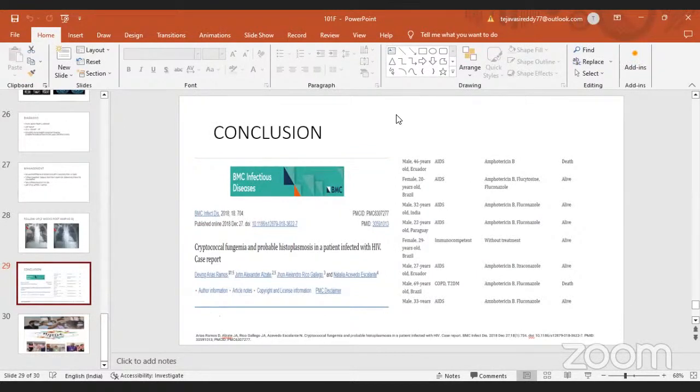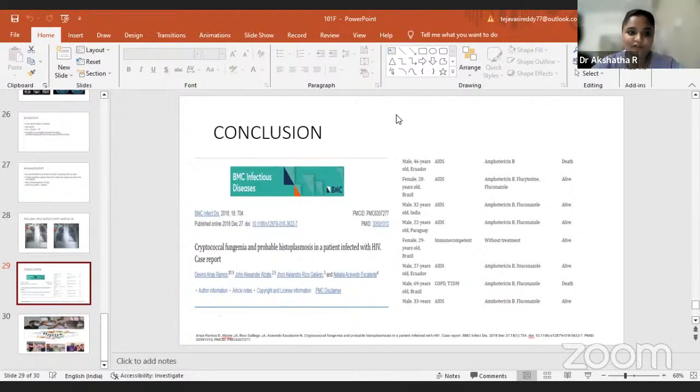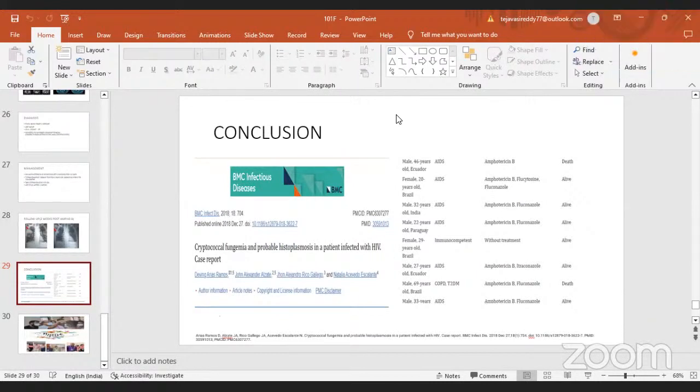Amphotericin plus fluconazole, yes. In HIV, if we follow WHO guidelines, amphotericin and flucytosine is preferred for the induction phase, but that is only for CNS cryptococcus.